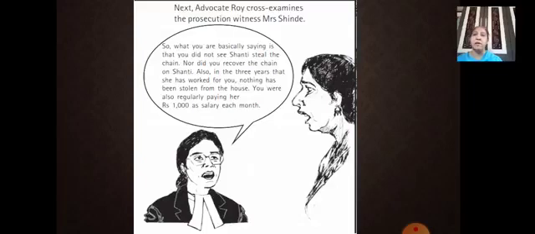Nor did you recover the chain from Shanti, right? Also, in the past 3 years that she has worked for you, nothing has been stolen from the house. You were also regularly paying her rupees 1000 as salary each month. This is what Advocate Roy asked Mrs. Shinde.